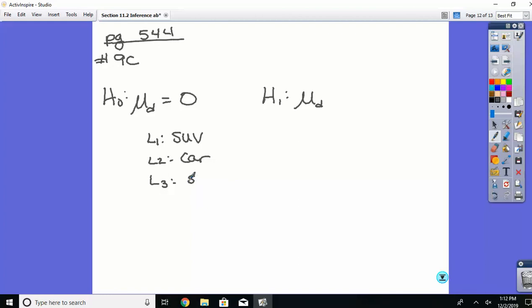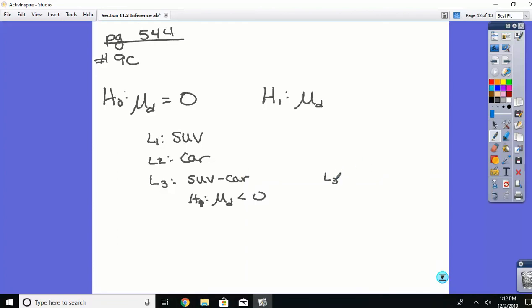If your L3 is the SUV minus the car, then your alternative would have to be what? Trying to decide if the car is more, it would have to be less than 0. Because if the car is more, when you subtract those, you would get a negative.